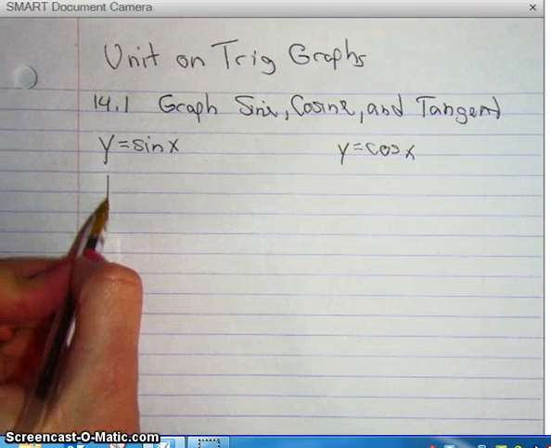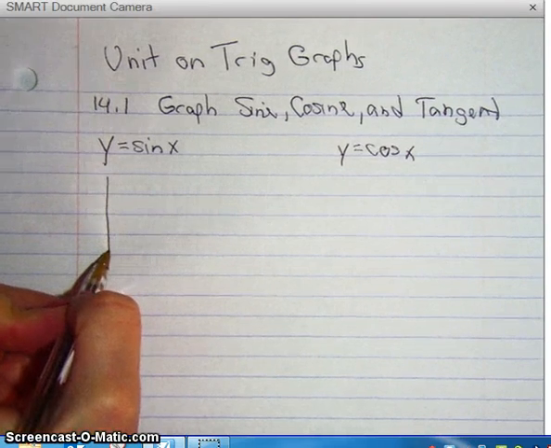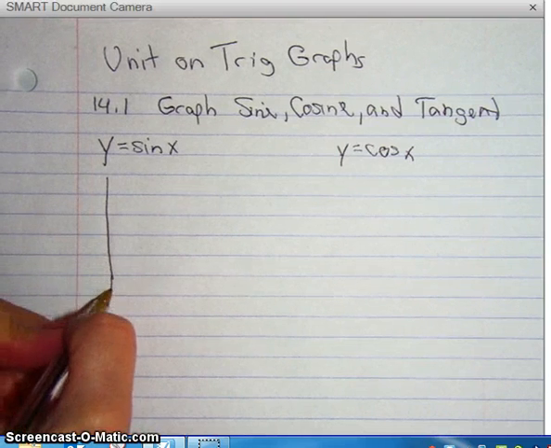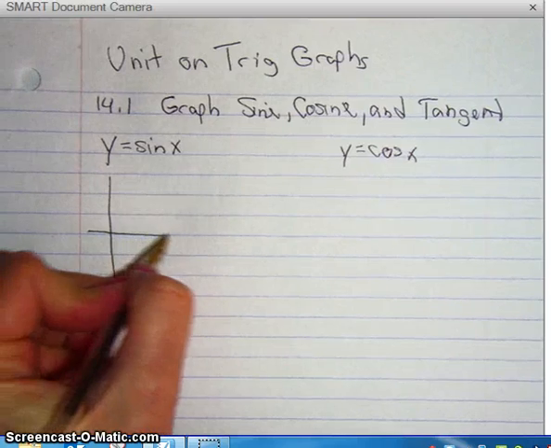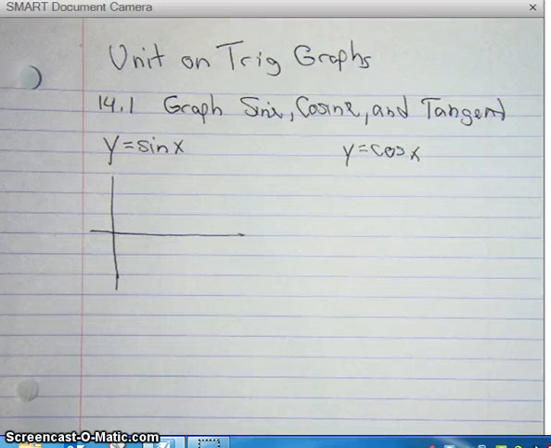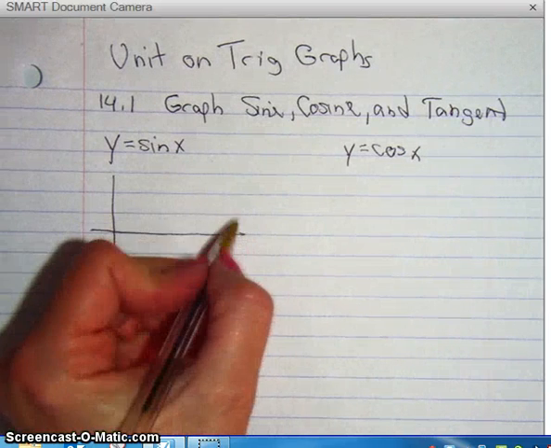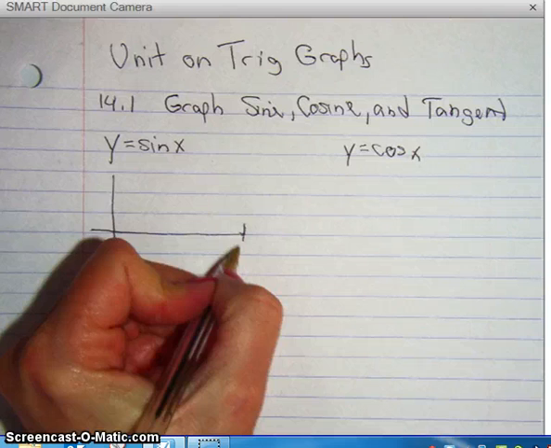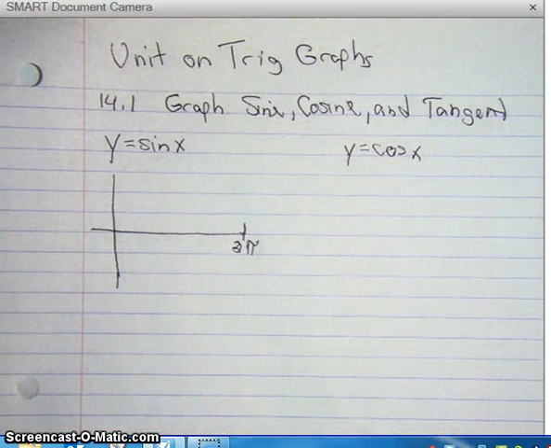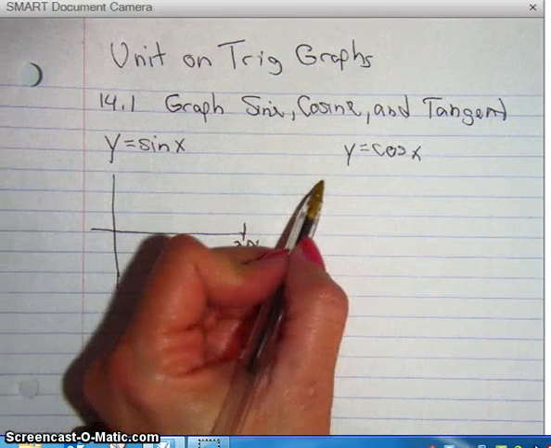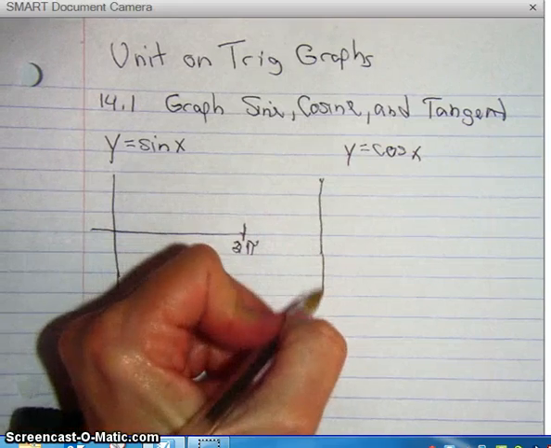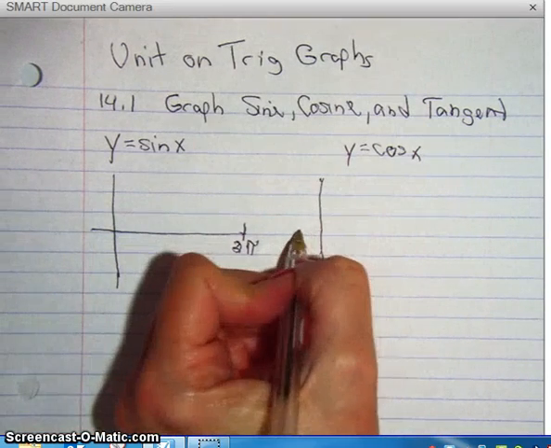We're going to graph what's called one cycle, or one period, and we'll talk about a period in a minute. One cycle or one period for each of these graphs is 0 to 2 pi. So the period for sine is 0 to 2 pi. The period for cosine is 0 to 2 pi.